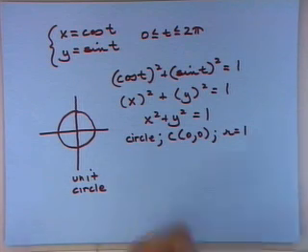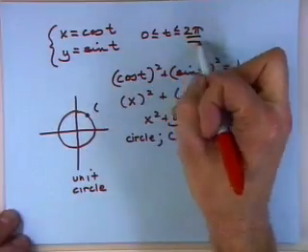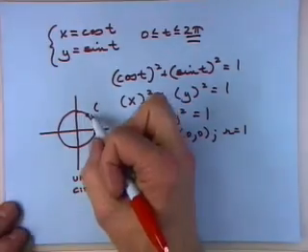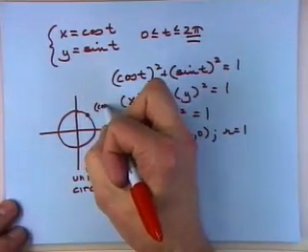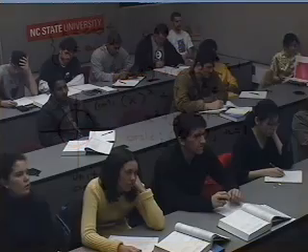Okay, from 0 to 2 pi. Cosine. Sine. There's the 2 pi, all right? But isn't the x value the cosine of t? Remember points on the unit circle?